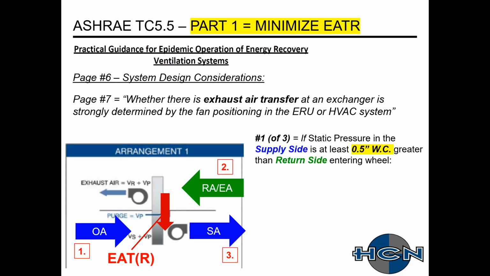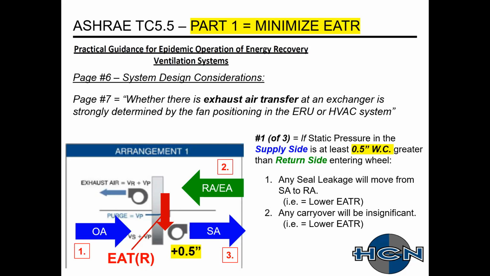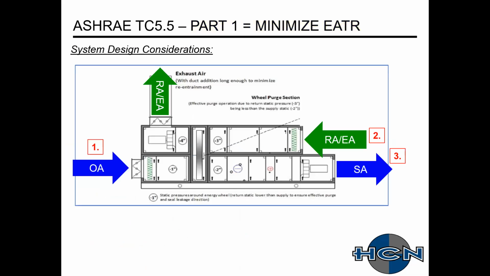So item number 1, to reduce your exhaust air transfer ratio: if the static pressure of your supply side air, which is in blue, is at least 0.5 inches water column greater than the return side entering the wheel, as depicted with 0.5 down there on the bottom, any seal leakage will move from supply air to return air, and any carryover will be insignificant. Both of these items contribute to a lower exhaust air transfer ratio, which is what we would like to achieve beyond the standard ASHRAE 62.1 standards.